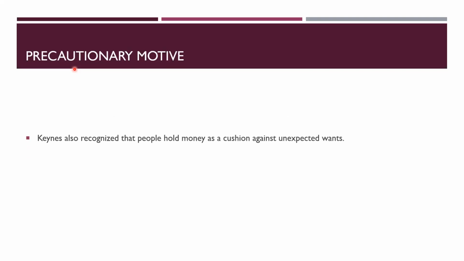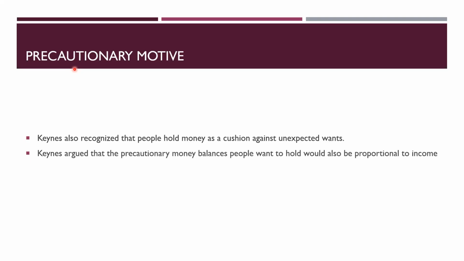Then precaution. Keynes also recognized that people hold money as a cushion against unexpected ones. Can someone give me an example of unexpected ones? Death is one of the examples. Yes, thank you very much.